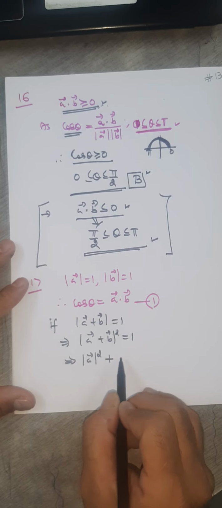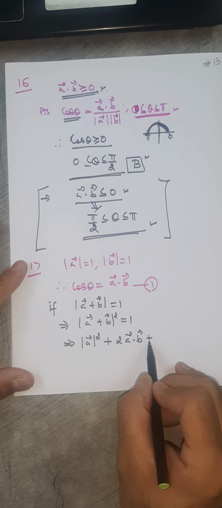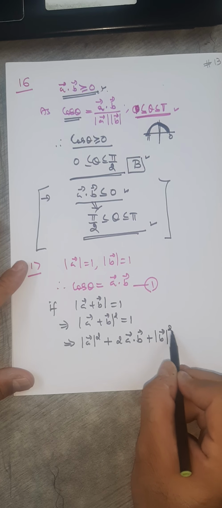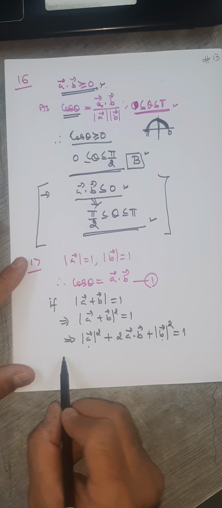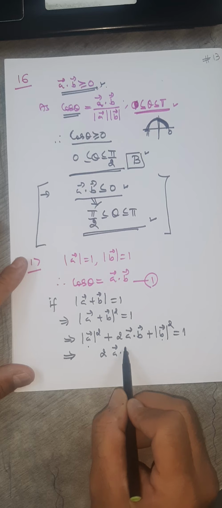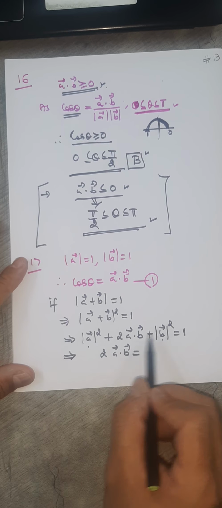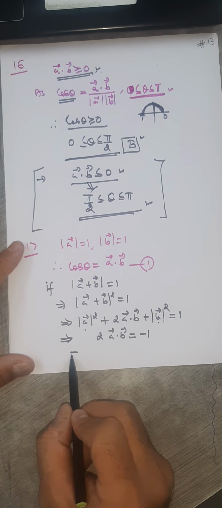You know how to expand this. I did it a number of times. Now I'll not repeat. Equals 1. This is 1. This is also 1, remember. So here 2 times this dot product equals, this is 2. If I take the other side, this is minus 1, remember.